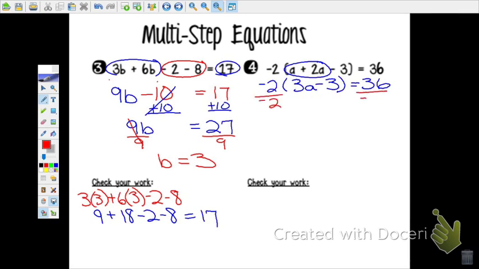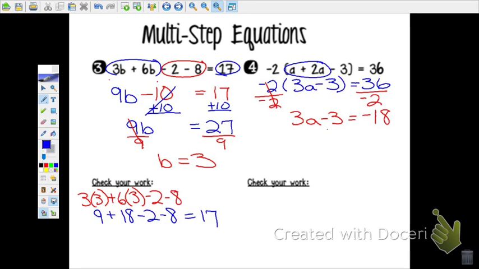If you would rather do the distribution in your notebook, that is completely okay. We will end up with the same answer. So I'm ending up with 3a minus 3 equals negative 18.